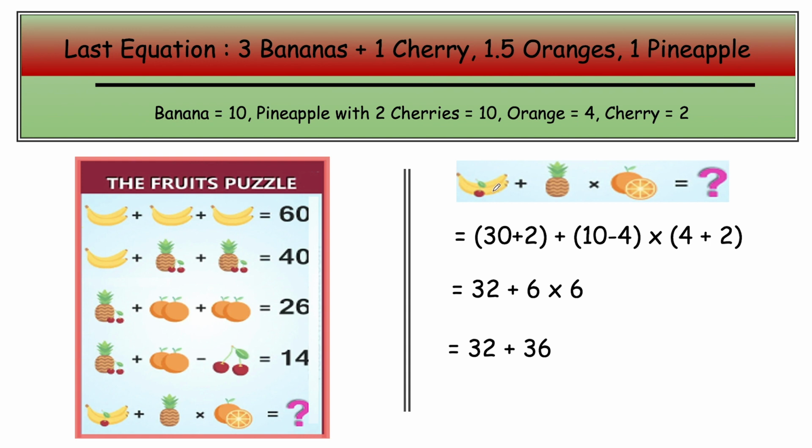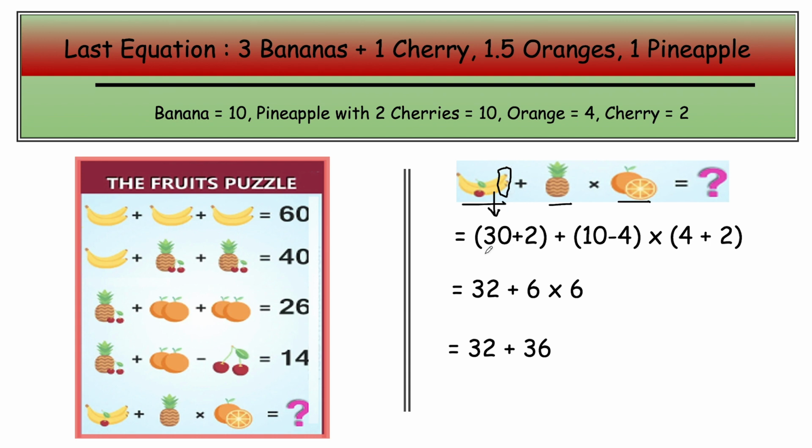Here you can see 2 bananas with 1 cherry, their addition is with a single pineapple and their multiplication is with 1.5 oranges. So keeping the value of bananas, there are 3 bananas present here. As you can see, this is the minute detail we have to consider.